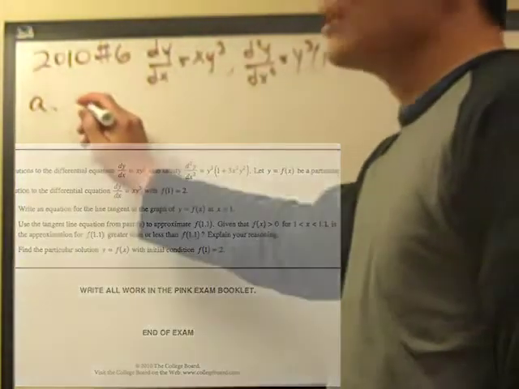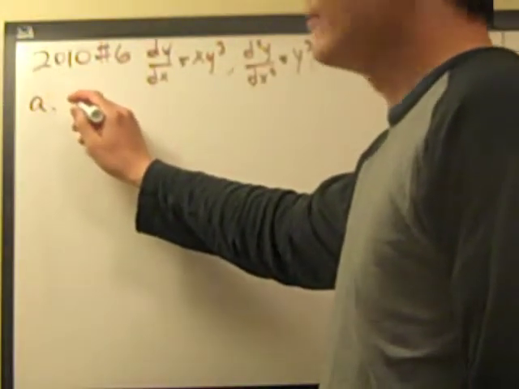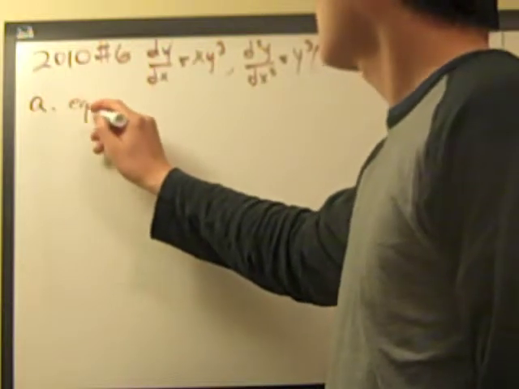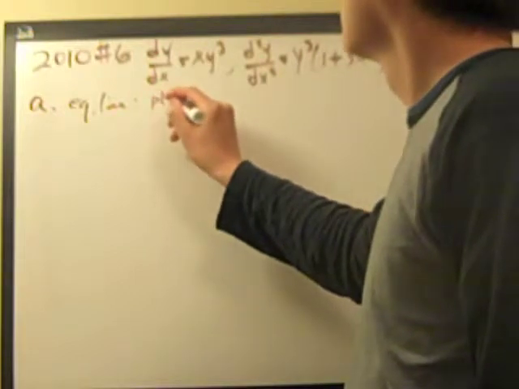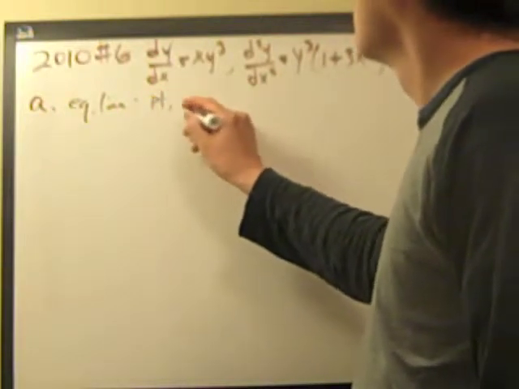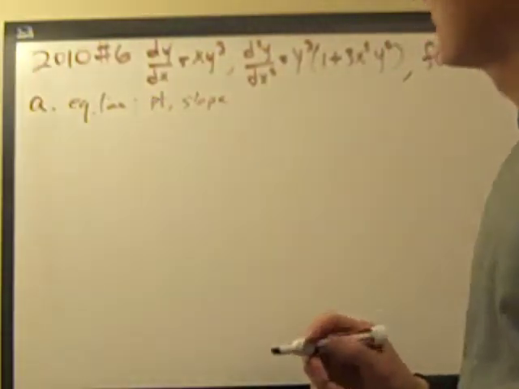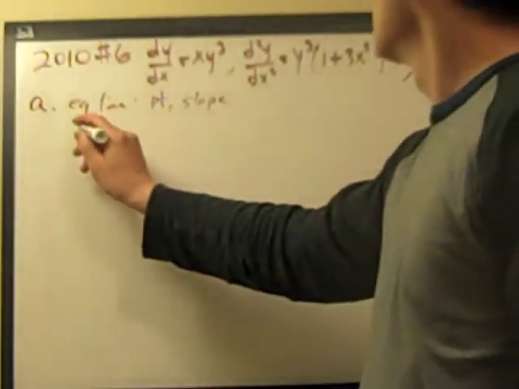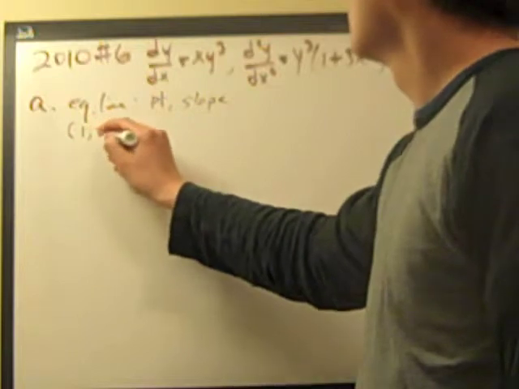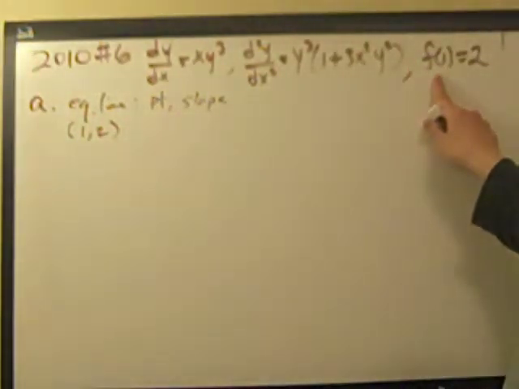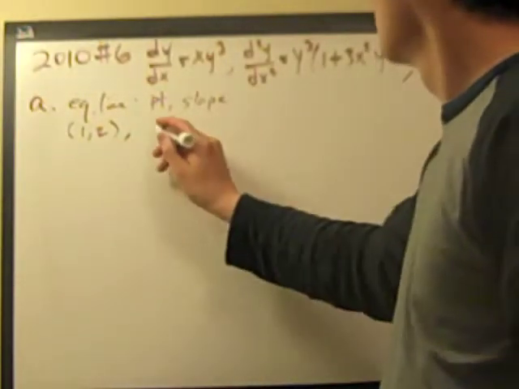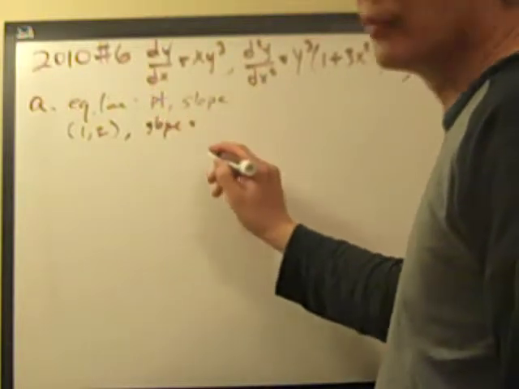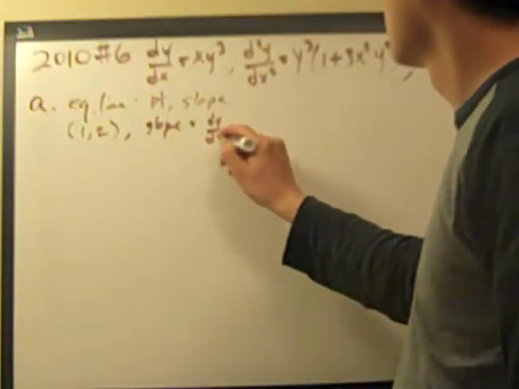So we know that in order to find the equation of a line, we need a point and a slope. Now the point here, we know, is (1, 2), because when x is equal to 1, f of x is equal to 2. Slope is the first derivative, or dy/dx.